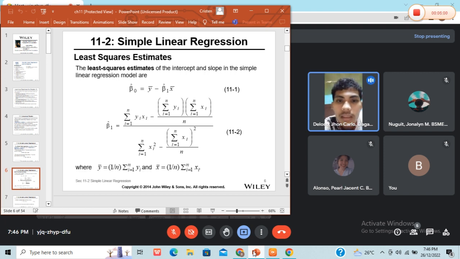Beta hat sub 1 equals the summation of x y minus the summation of y multiplied by the summation of x divided by n, our number of samples, divided by the summation of x squared minus the summation of x squared divided by n, where y bar equals 1 divided by n multiplied by the summation of y, and x bar equals 1 divided by n multiplied by the summation of x.